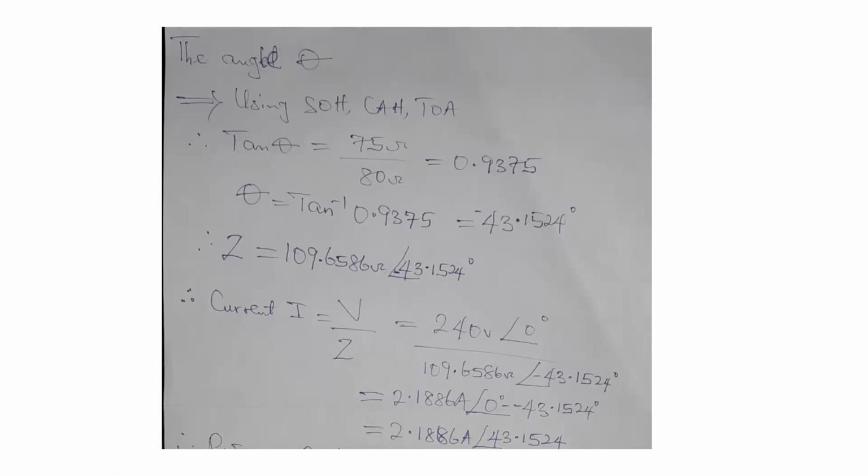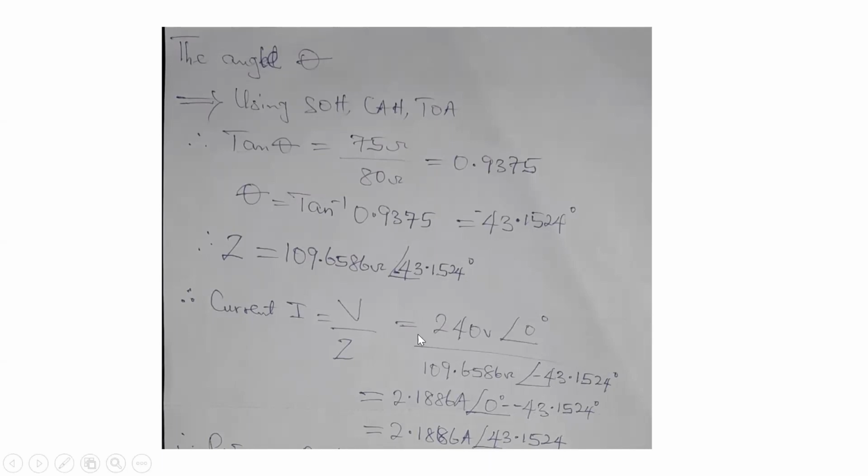Ohm's law states that the current flowing through a circuit is directly proportional to the voltage across the circuit and inversely proportional to the resistance of that circuit, provided that temperature remains constant. So in this case, we are not talking about resistor only, we are talking about resistor and reactors. And when we combine both of them in a circuit, we have impedance.